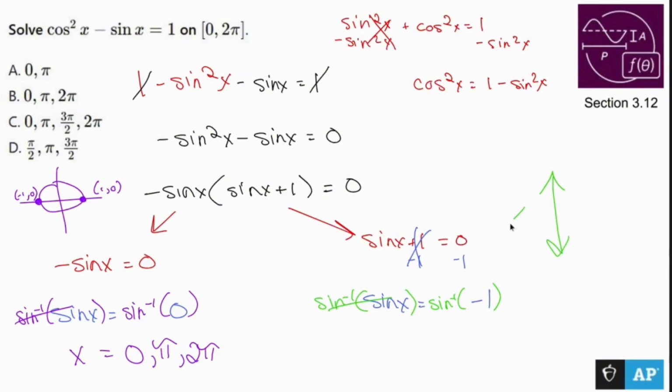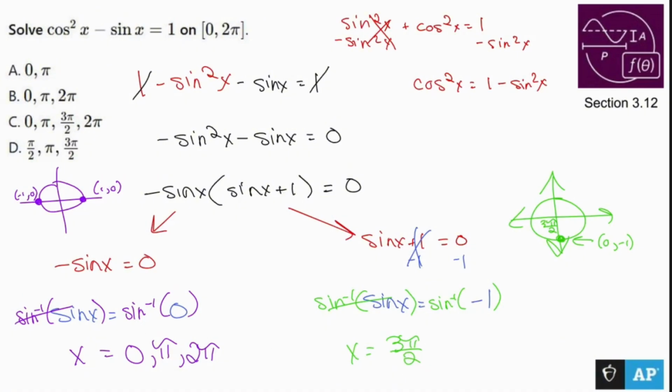So let's draw another unit circle. And the y value of negative 1 is going to exist right down there at the point 0, negative 1. That is an angle measurement of 3 pi over 2. So inverse sine of negative 1 is 3 pi over 2.